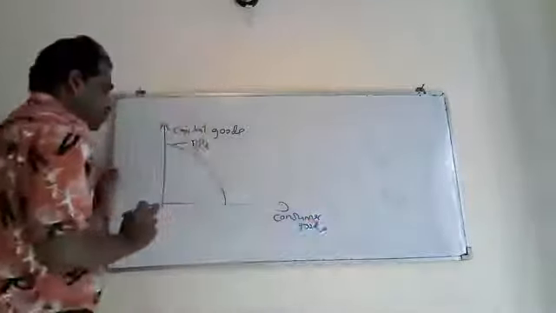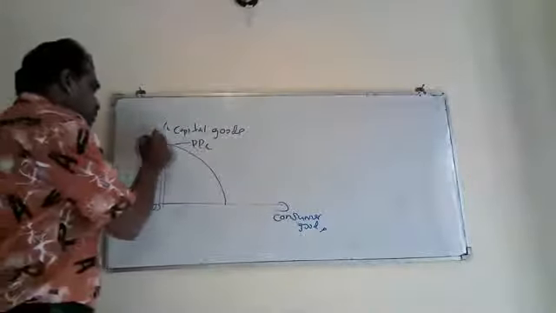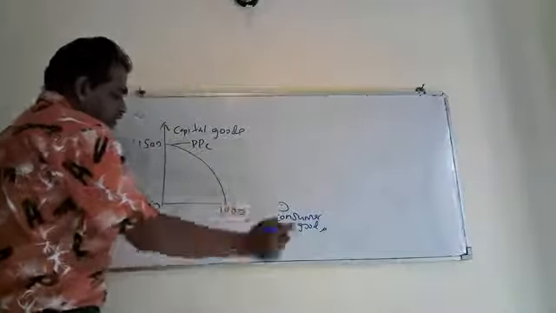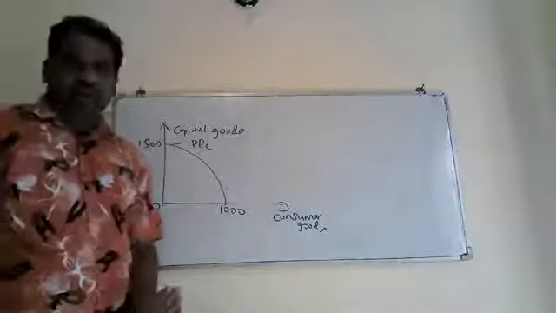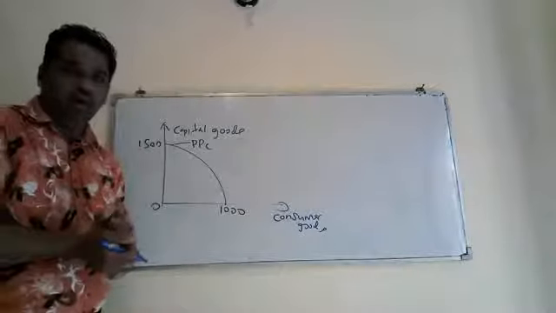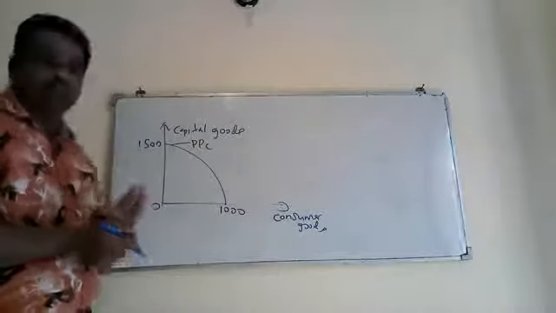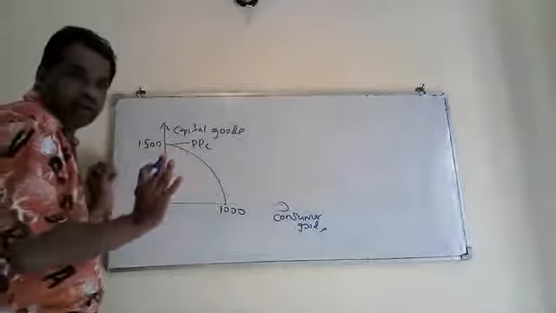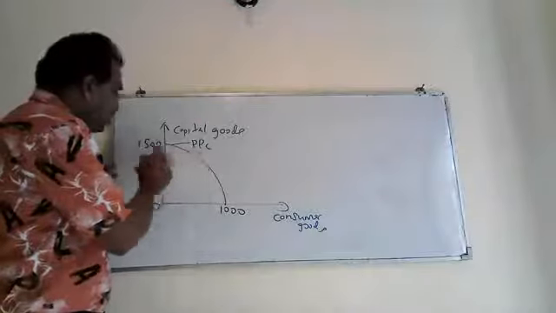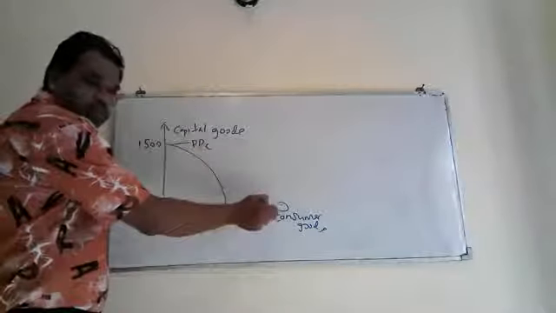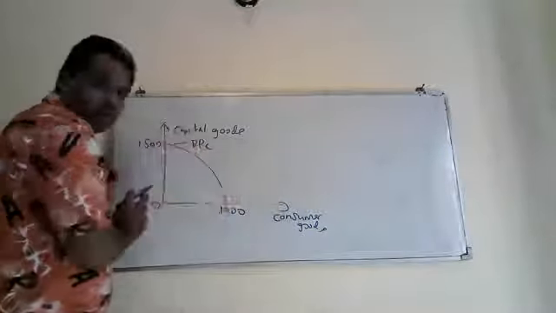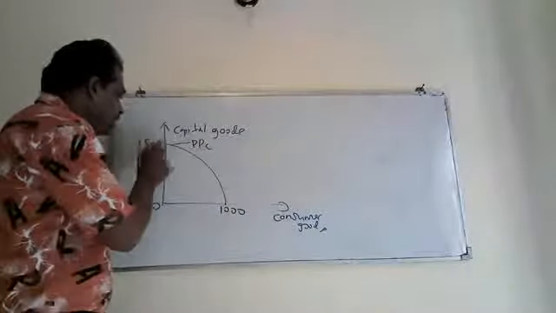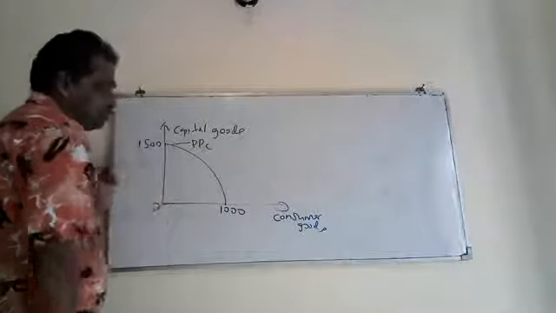Then you can indicate just target number of goods, 1000. Then when you are offered marks by the examiner, he or she will consider the line and the naming the two type of industrial goods and this curve and the item.